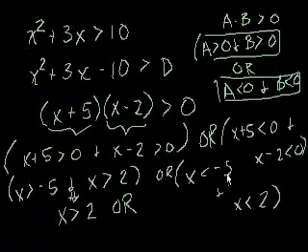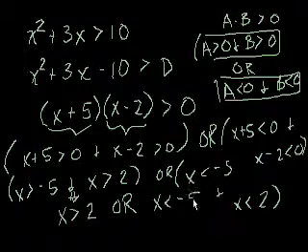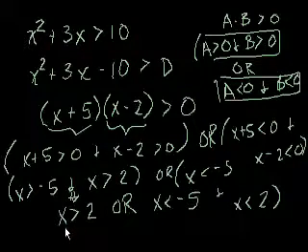Well, if x is less than negative 5, then x is definitely less than 2. So we simplify it to x is less than negative 5. So the solutions to this problem are x greater than 2 or x less than negative 5. And so let's think about how that looks on the number line.